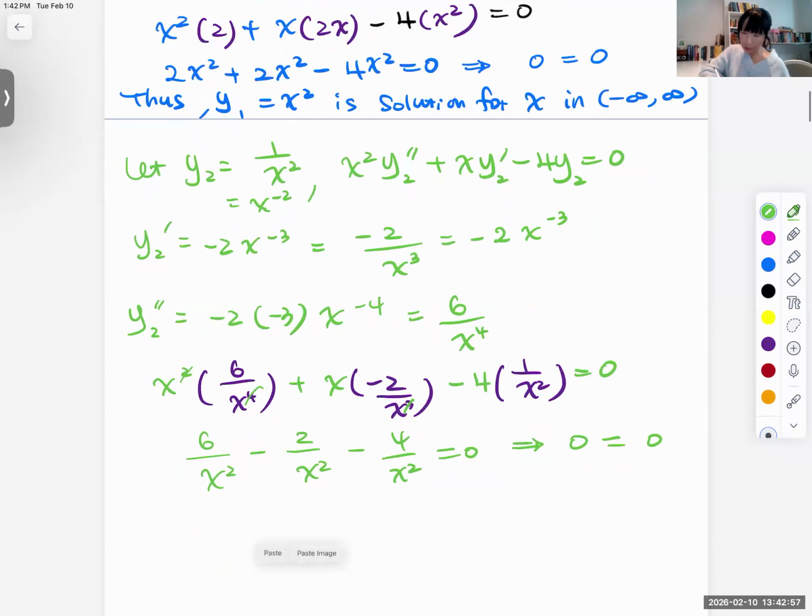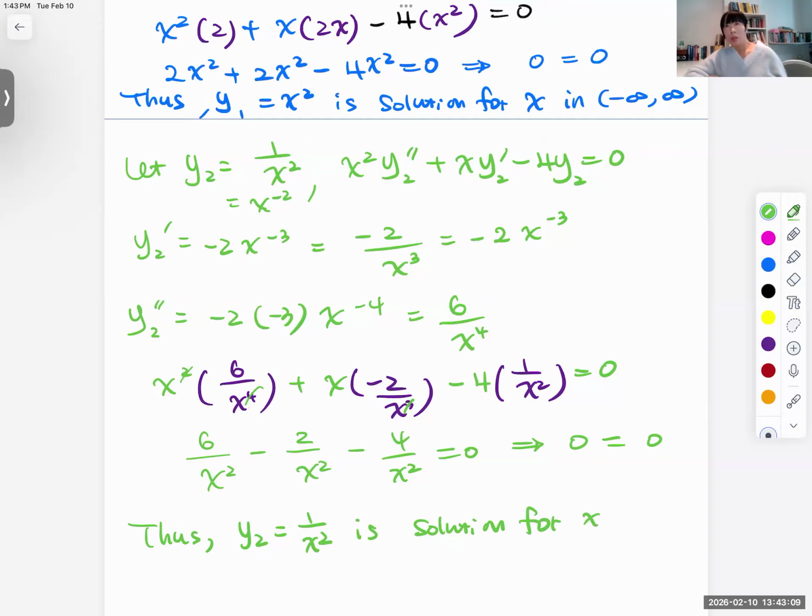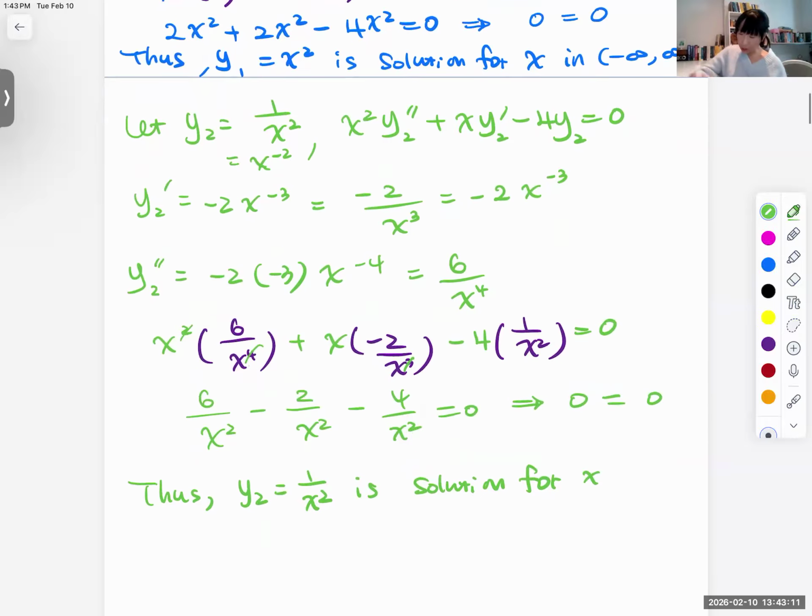So we say that y sub 2 equal to 1 over x squared is a solution for x not including 0, right? In negative infinity to 0, union of 0 to positive infinity, right? Okay, you can see the green, right? Okay, very good.